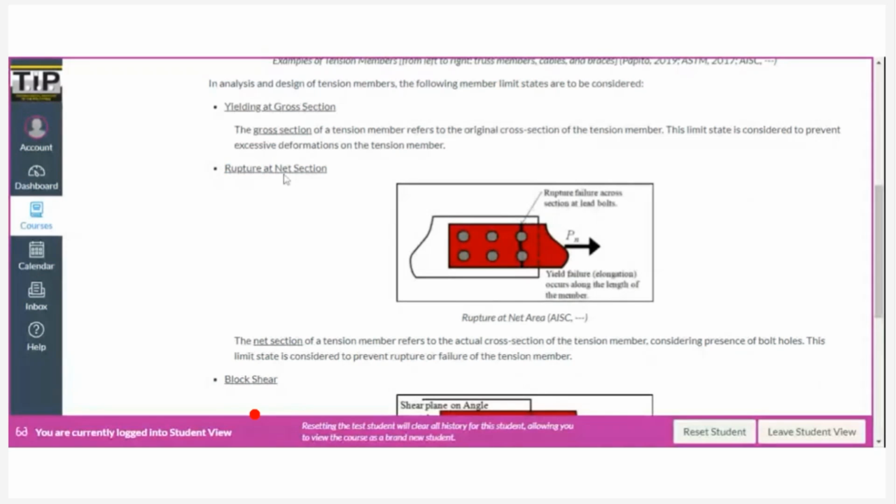But hindi natin pigilan na mag-yield tong part na to. Hinihintay pa natin yung rupture. Why is it that we do it that way? Precisely because this part is, again, like I have said earlier, comparably shorter than the no connection part.